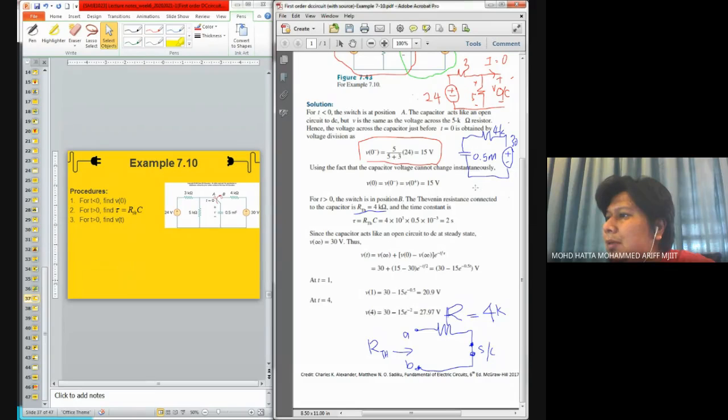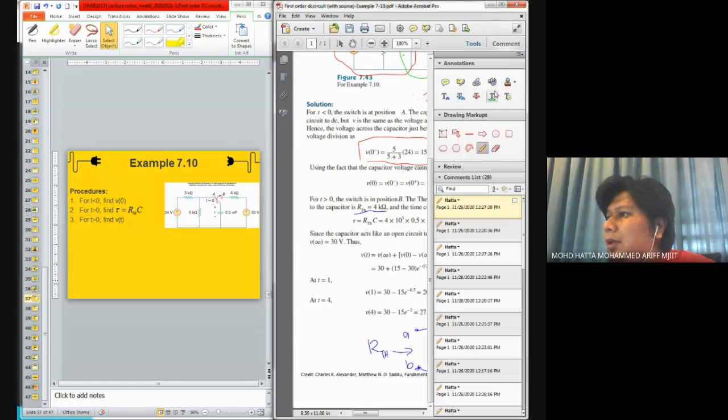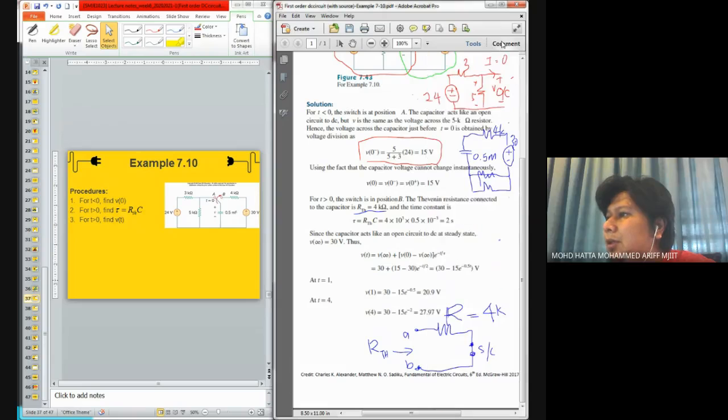Maybe I have a resistor here, and another one over here. So this is what you should do: consider removing the capacitor and all the sources inside the circuit. You put a short circuit for voltage.